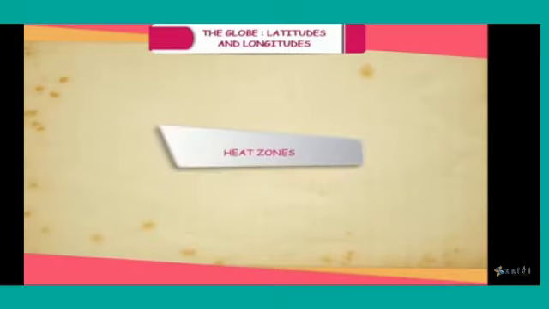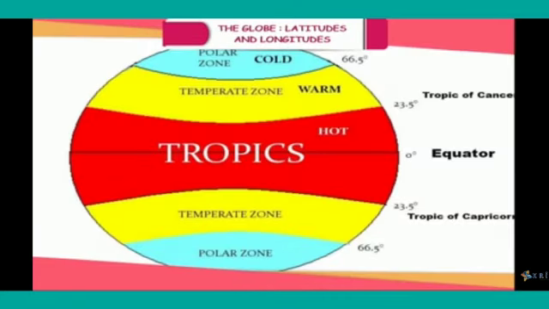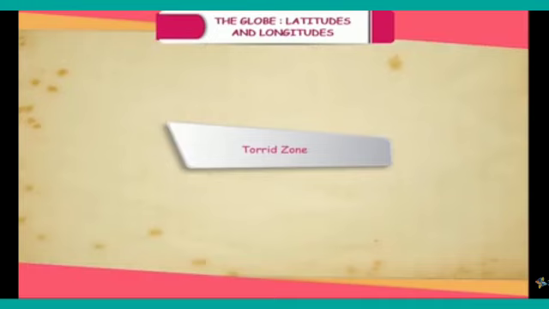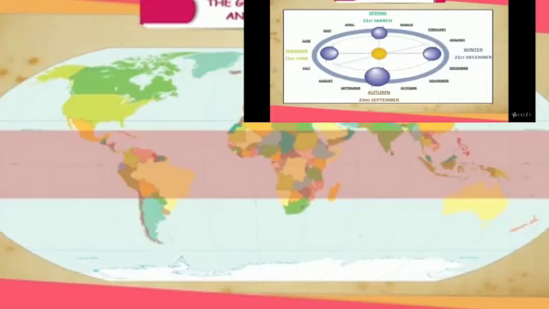Now we read about the heat zones. So first of all we read about the torrid zone. This area receives the maximum heat and it is called the torrid zone, and it is in between the Tropic of Cancer and the Tropic of Capricorn.